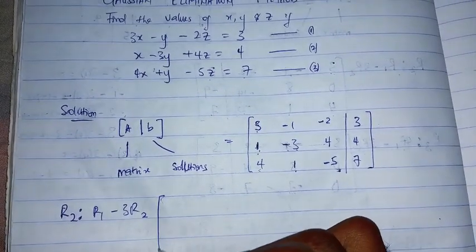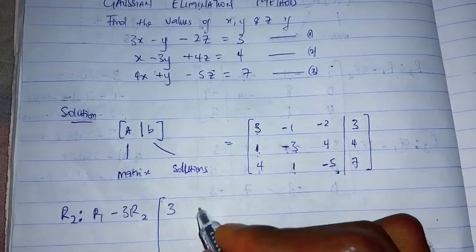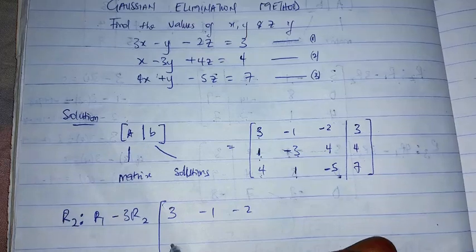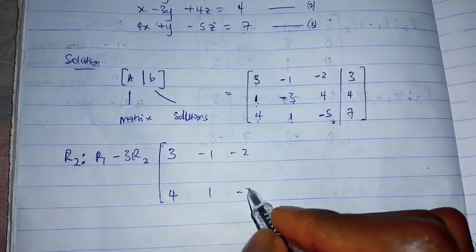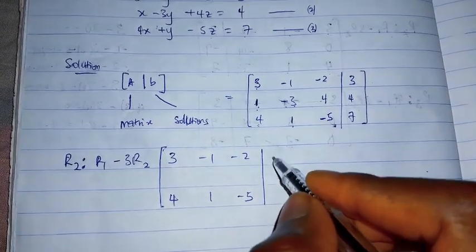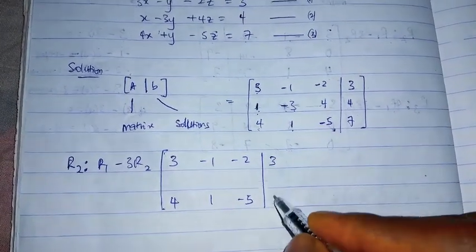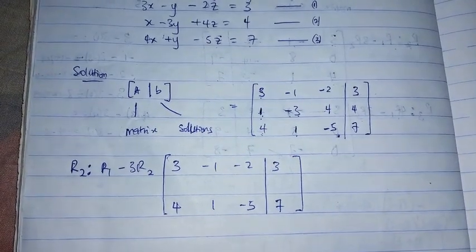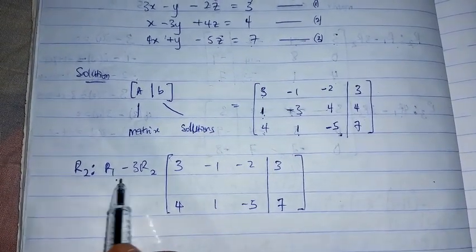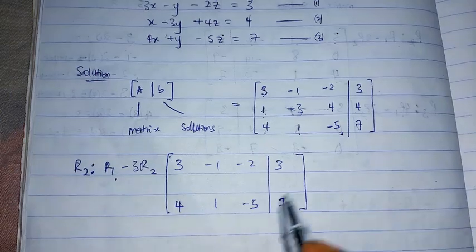So row 1 remains the same thing. Row 3 remains the same thing. 4, 1, minus 5. My B, row 1 remains the same thing. Row 3 also remains the same thing. Because this operation is going to affect everything along that row that I'm talking about.